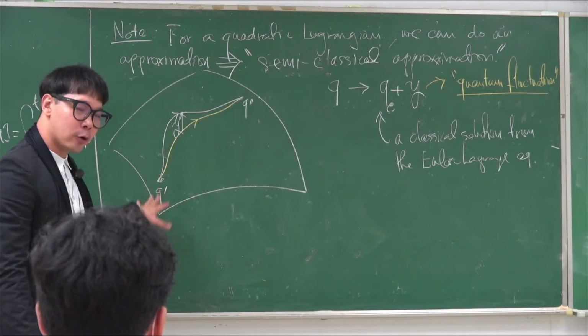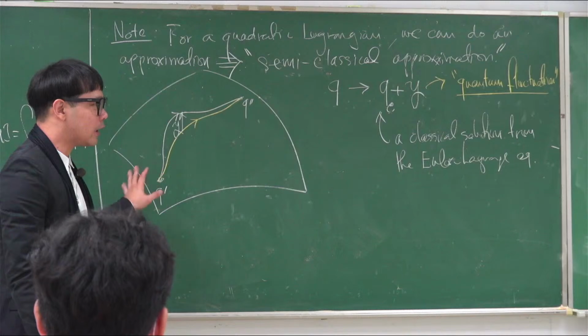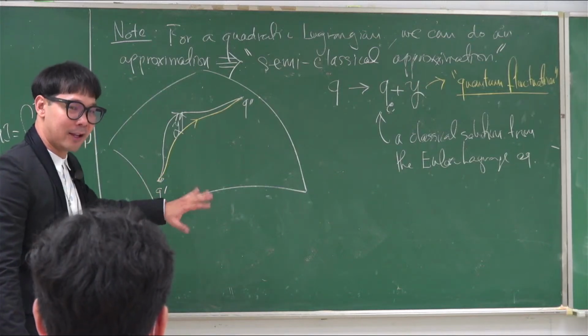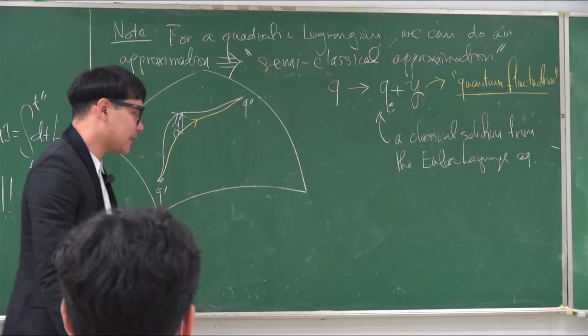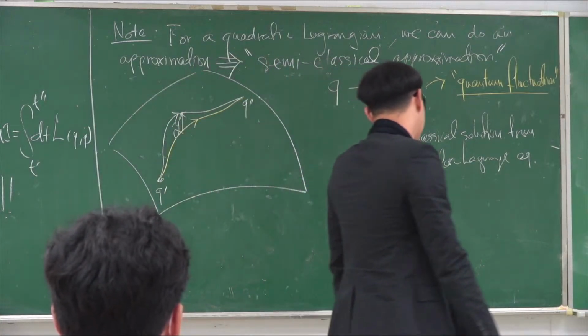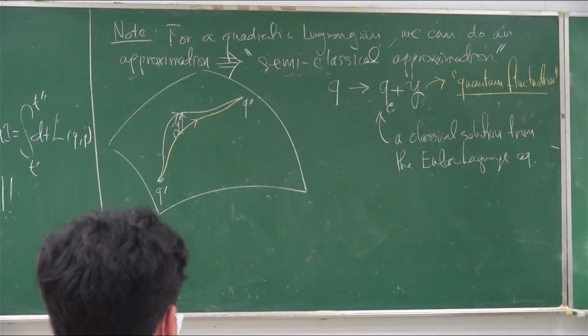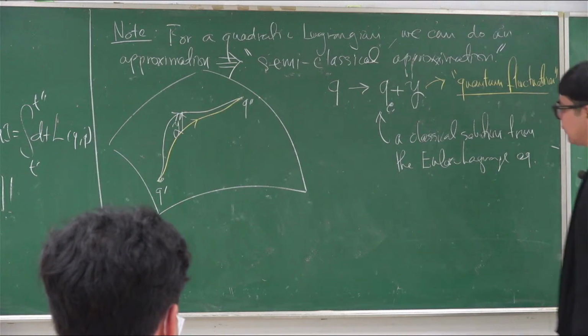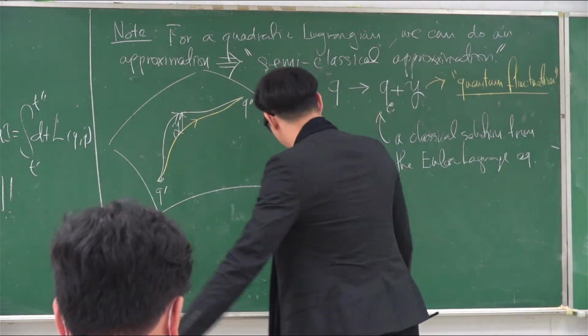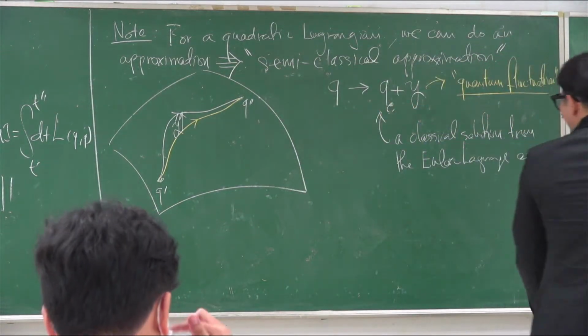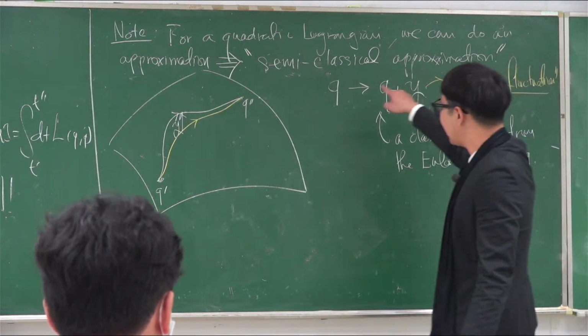I'm not going to prove that to you, but you can find it in the textbook, which has a very beautiful way to explain the reason with the mathematical steps as well.